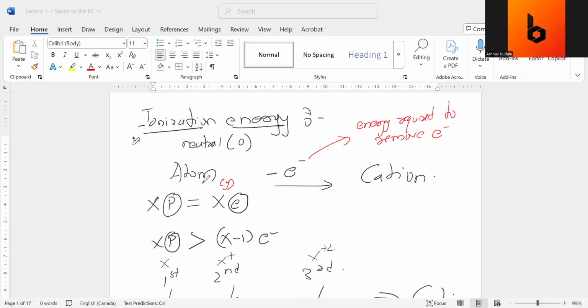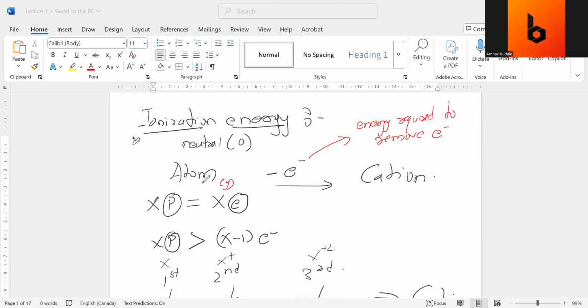Let it be any atom. If there is a neutral atom and you forcefully remove the electron from it, then you are actually determining the ionization energy. Make sense? Simple.